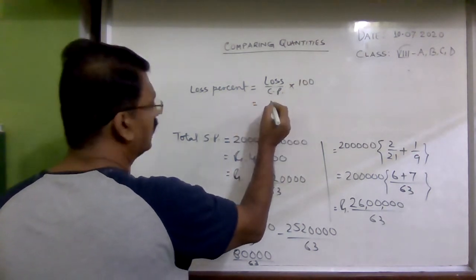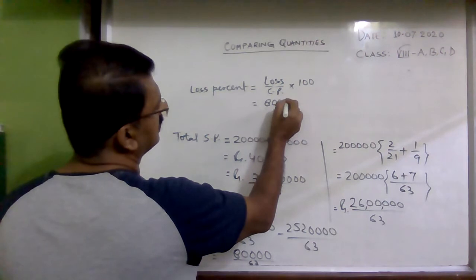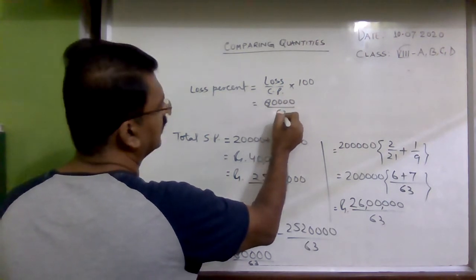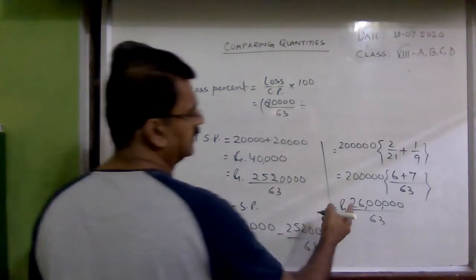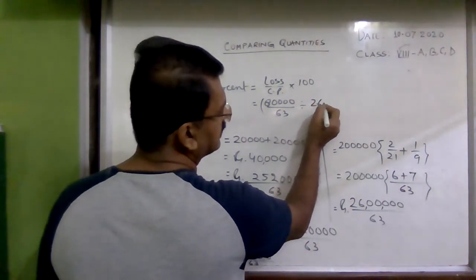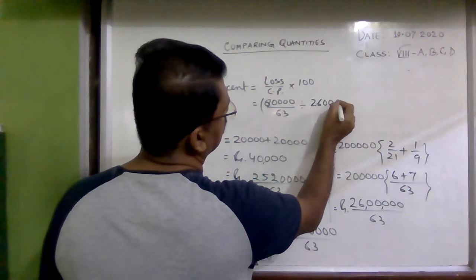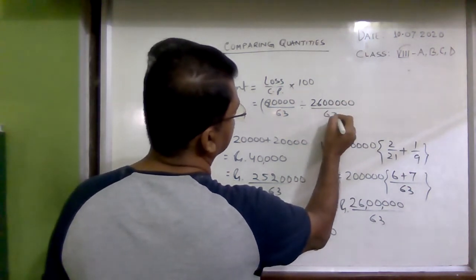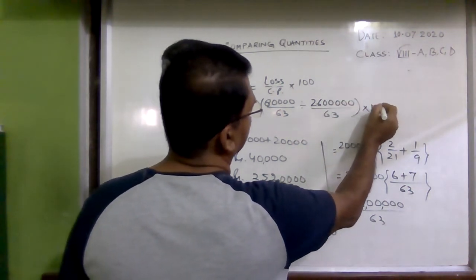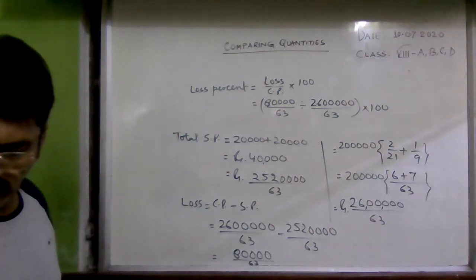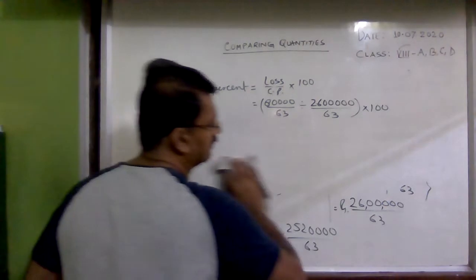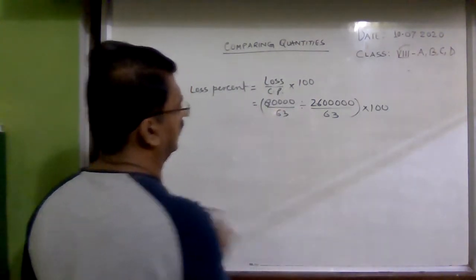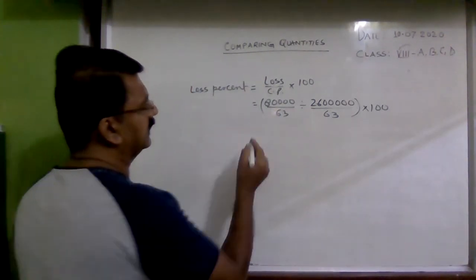So we have found the loss is 80000 upon 63 divided by the CP is 260000 upon 63 into 100. That is the loss percent, loss upon CP, loss divided by CP into 100.